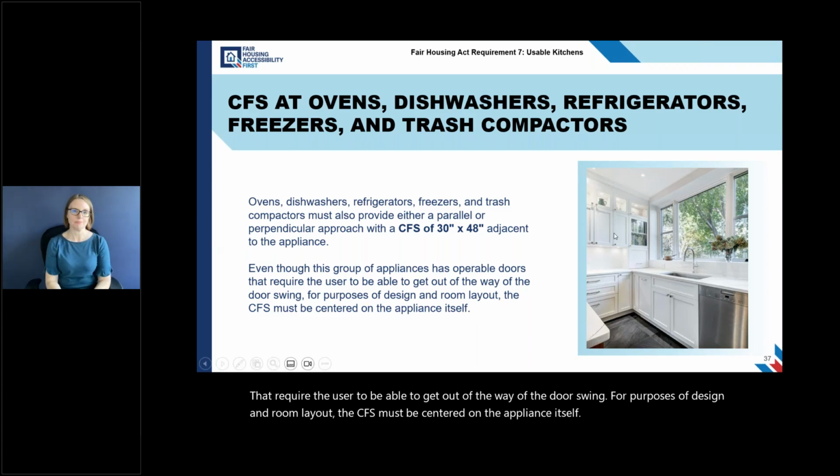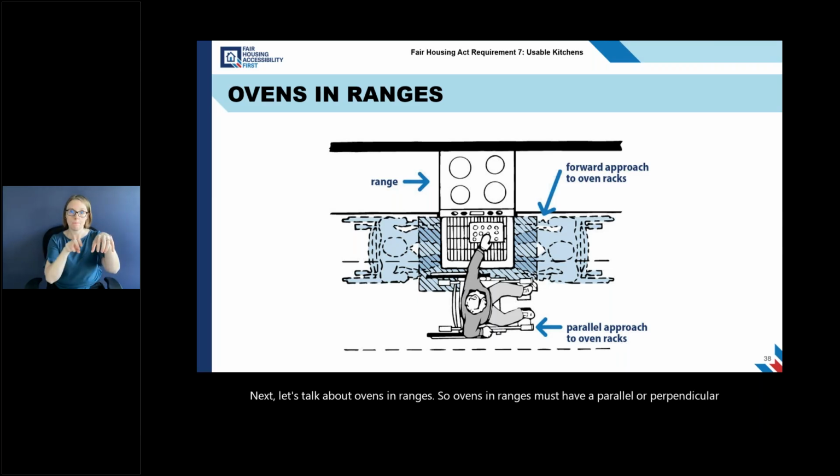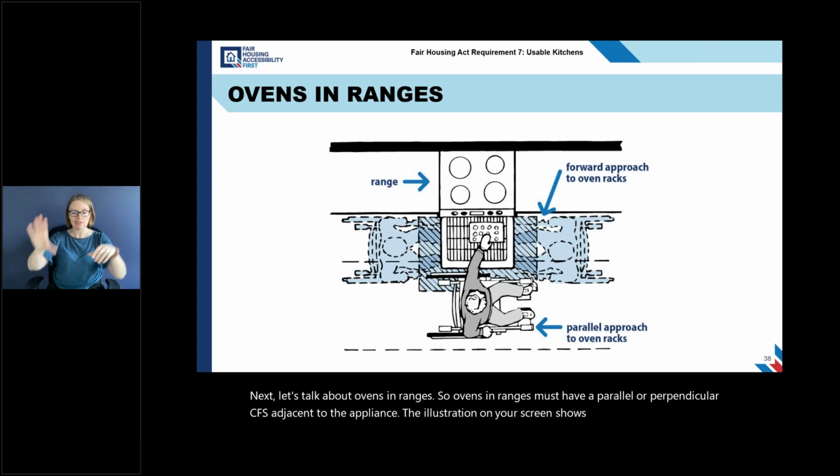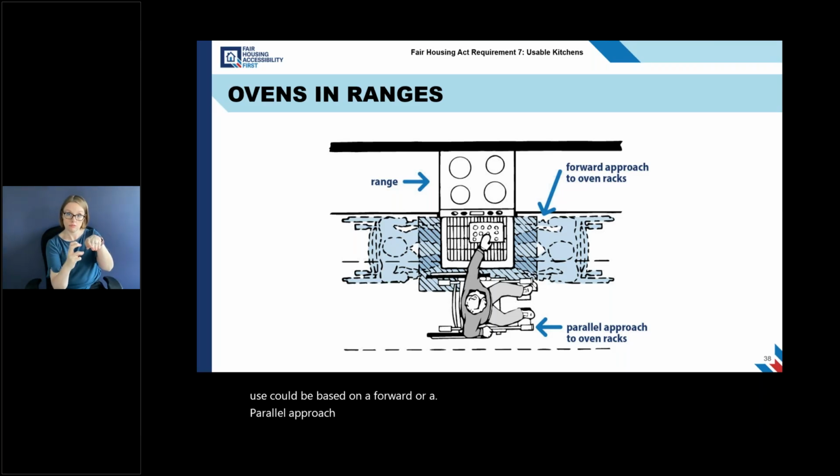Next, let's talk about ovens in ranges. Ovens in ranges must have a parallel or perpendicular CFS adjacent to the appliance. The illustration on your screen shows how an oven's functional use could be based on a forward or a parallel approach to the oven racks.